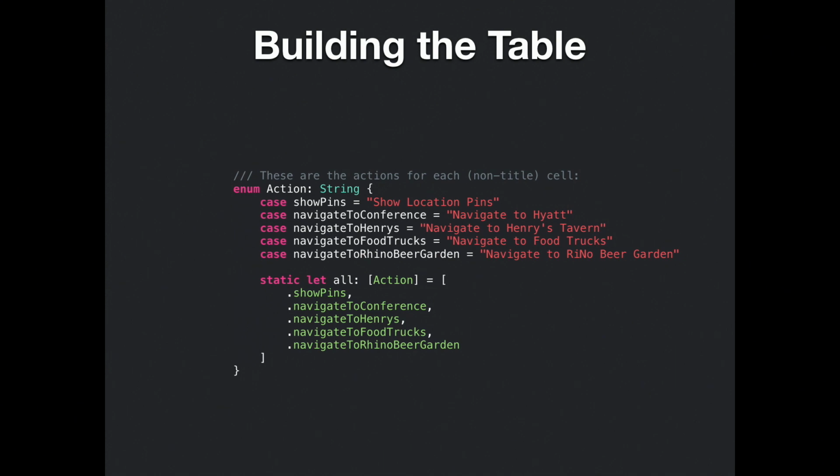First of all, right here at the Hyatt. And secondly, all of the eateries. So we've got Henry's, the food trucks, and then the Rhino Beer Garden. The idea is that you can go outside and walk around and see what direction each of these locations is in, with pins.